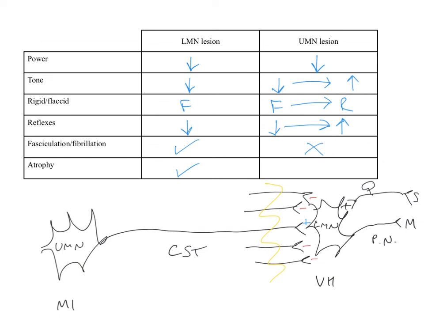Upper motor neuron lesions also demonstrate atrophy, but to a much smaller extent. So I'll just put a small tick in there. So atrophy is a feature of upper motor neuron lesions, but due to a different mechanism. In the case of upper motor neuron lesions, the lower motor neurons are still present and they are still able to deliver growth factors to muscle fibers.